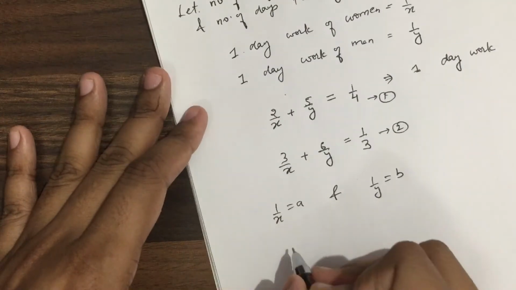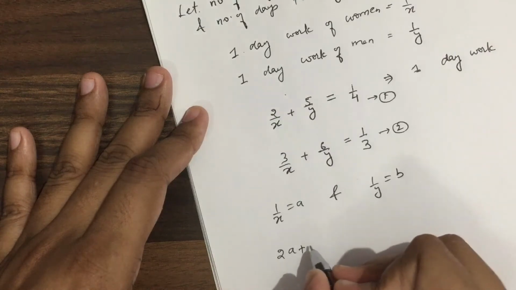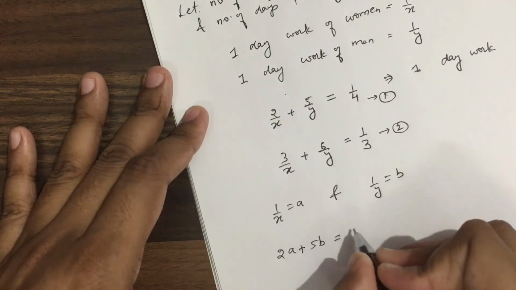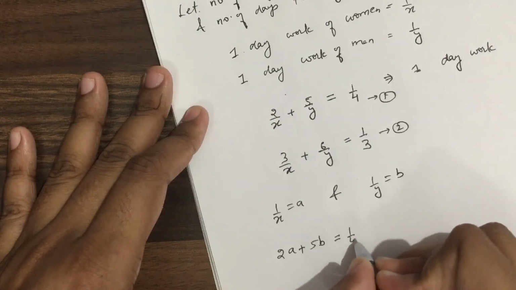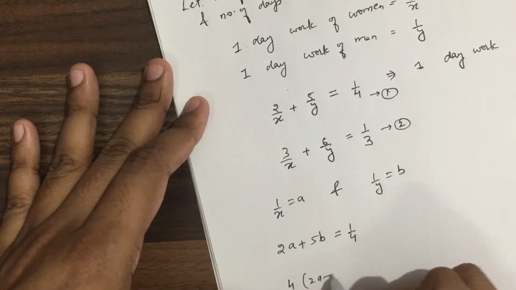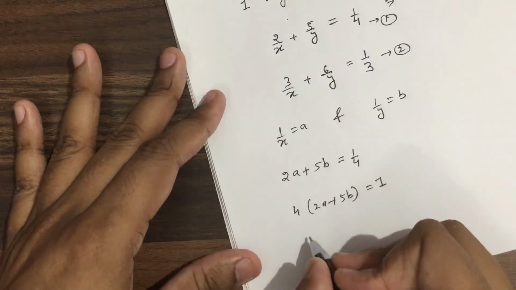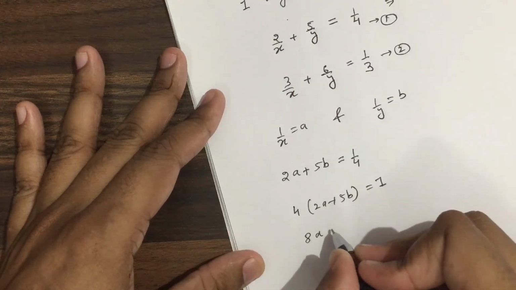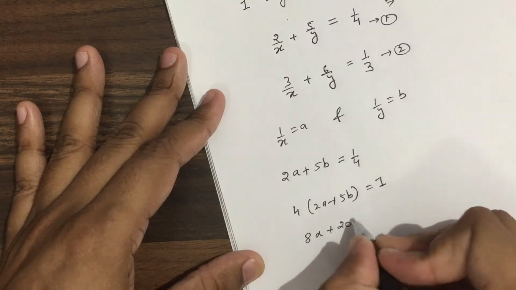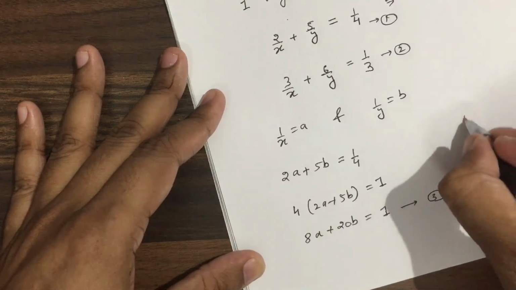So the equations will be 2a plus 5b equal to 1/4. Multiply by 4, 2a plus 5b equal to 1. This will give you 8a plus 20b equal to 1. This will be your equation 3.